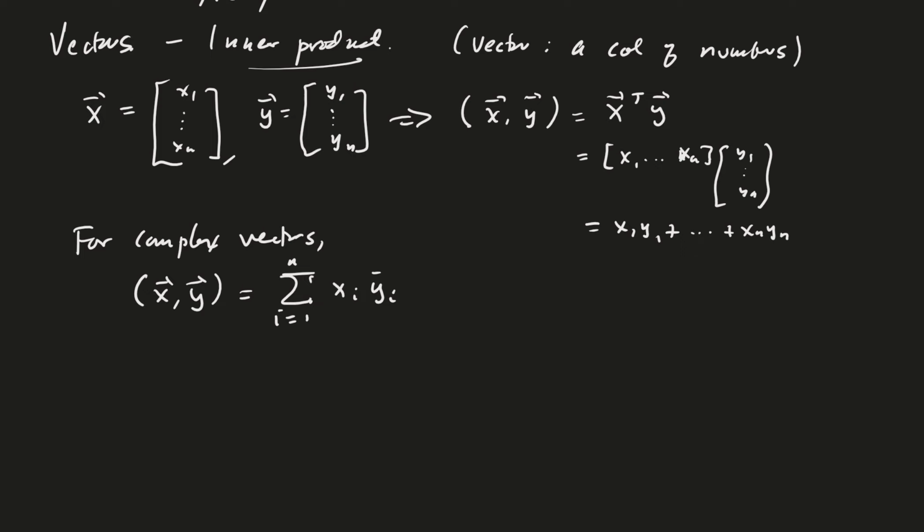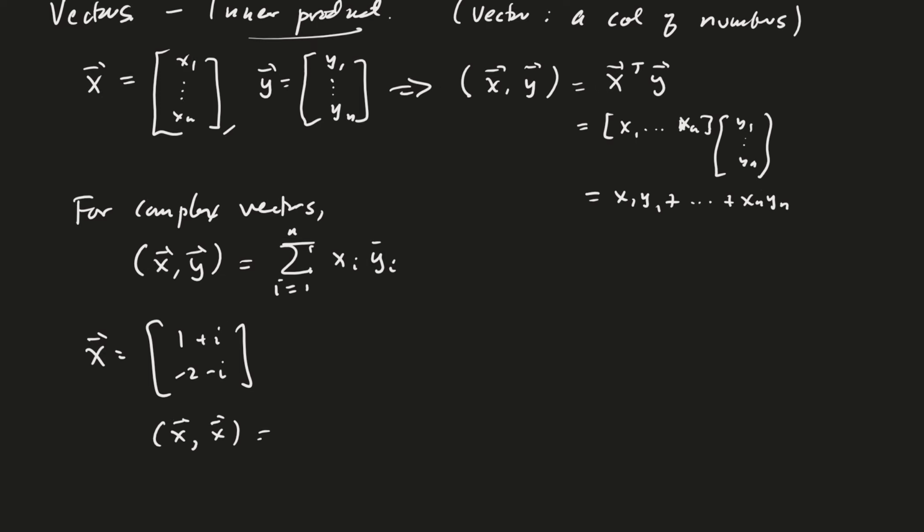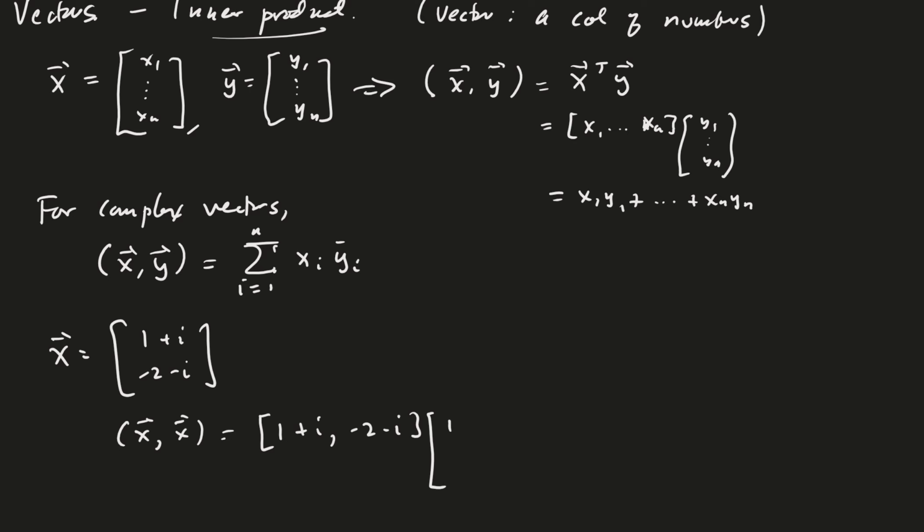By the way, why would you do that? Let's just take a quick example. How about if x is 1 plus i and minus 2 minus i, and let's take the inner product of x with itself. You would take this 1 plus i, minus 2 minus i, and multiply that times the conjugate of the other, which is 1 minus i, minus 2 plus i.